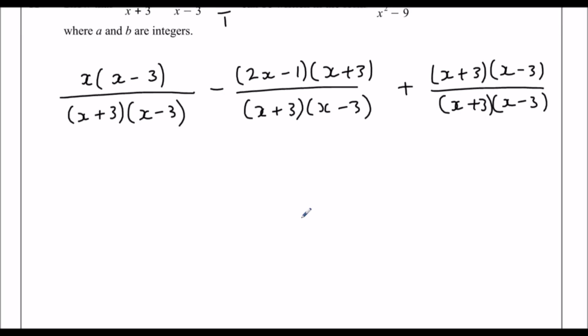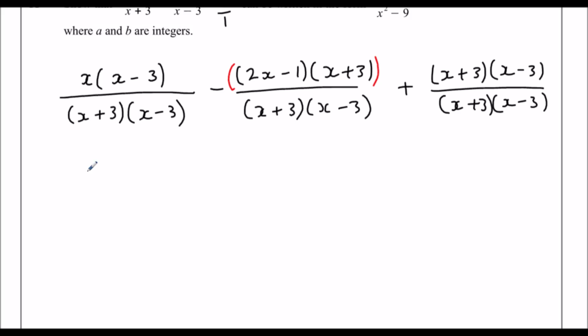And we're going to have to expand lots of brackets here. So we're going to expand all of these. We're going to have to be particularly careful with this minus sign because we want to take away all of this. So when we expand it, we'll keep a bracket around it. And then when we take it away, we can take away each term, not just the first term. We're taking away every term.